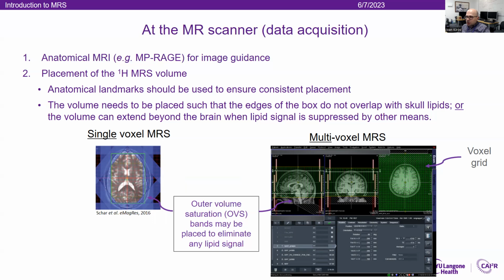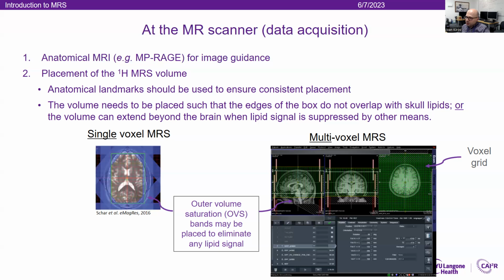There are also these outer volume saturation bands, which may be placed to eliminate lipid signal. See an example of those bands in both panels below. For single voxel MRS, you see the box extends on the lipids, but these bands are placed to suppress their signal. You also see an OVS band in the multivoxel MRS example shown here.